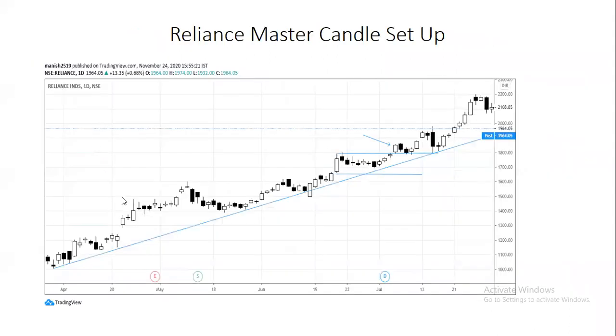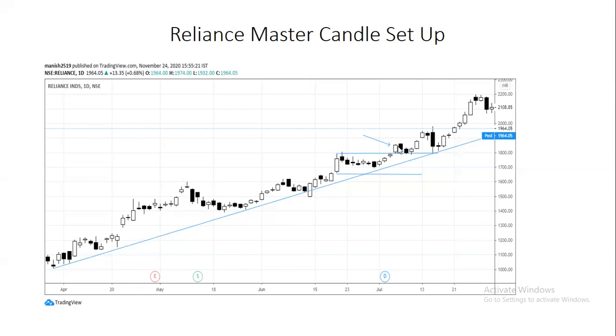This is Reliance. You can see Reliance is in an uptrend, a beautiful uptrend. And look at this candle. Okay, this is the master candle. And then sideways. And finally, we got a breakout and the uptrend resumed. So the point to note down here is, when you are getting a trade in the direction of the ongoing trend, always go for it.